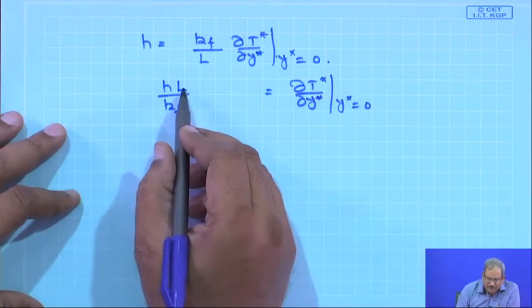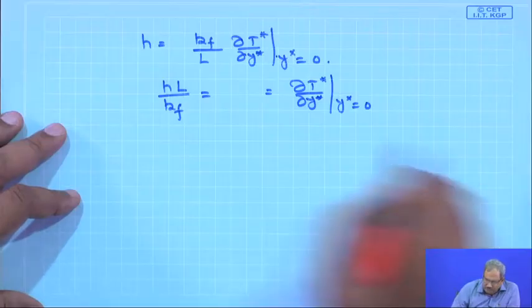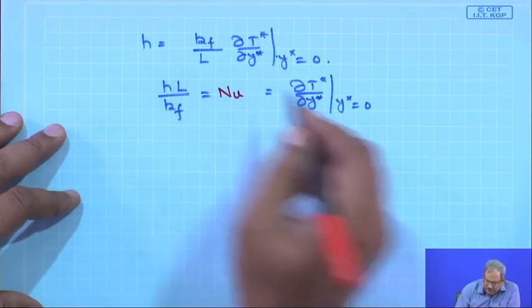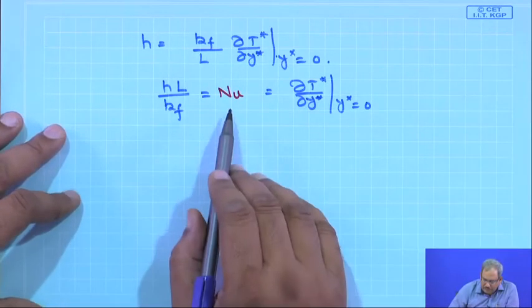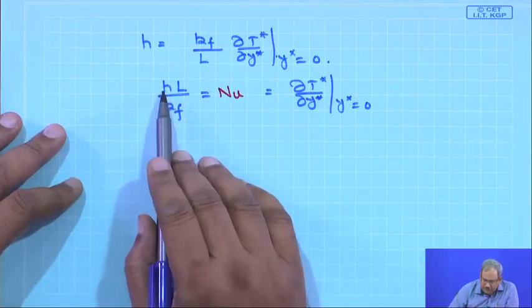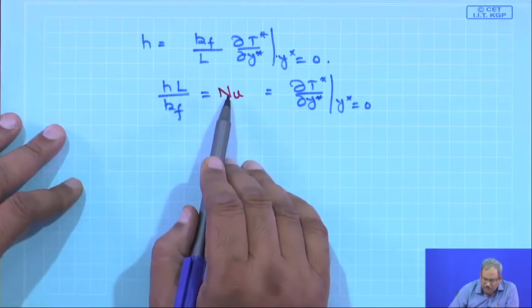So, what is h L by K? This is nothing but the Nusselt number. In convection, we always try to find what is h or what is the expression for Nusselt number.